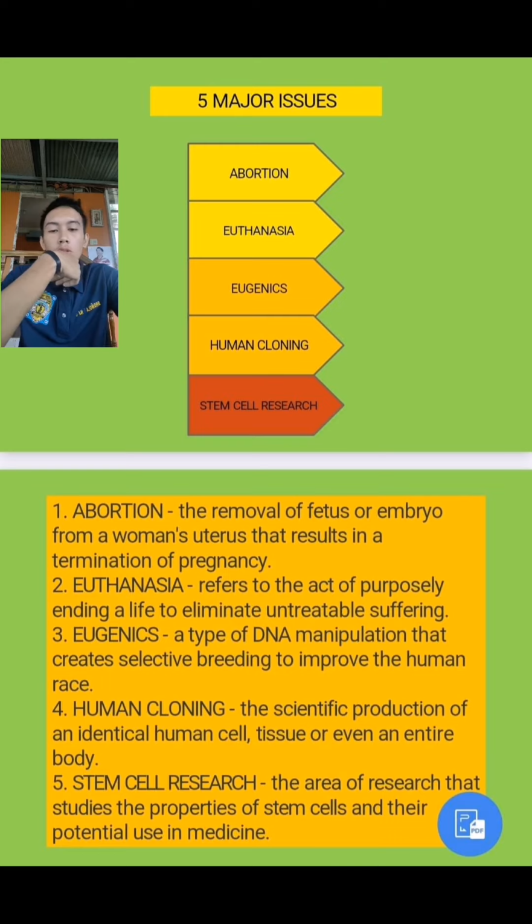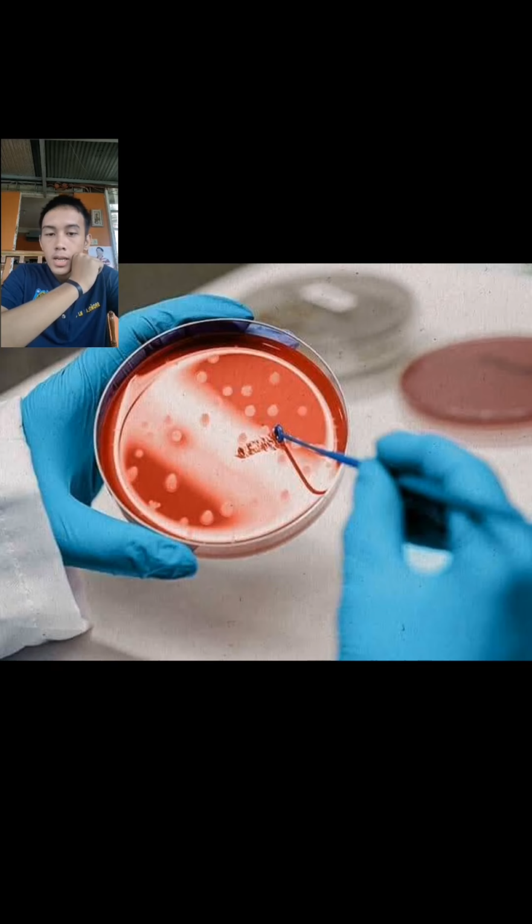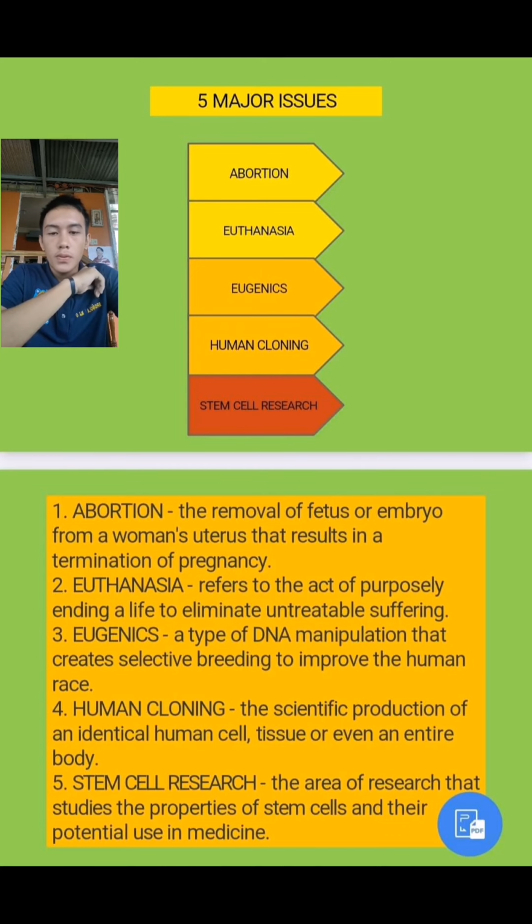And the last one is stem cell research, the area of research that studies the properties of stem cells and their potential use in medicine. So that's all for my reporting.